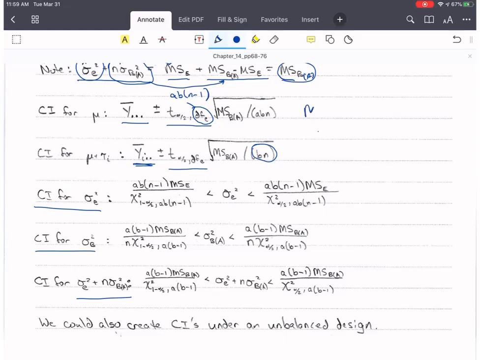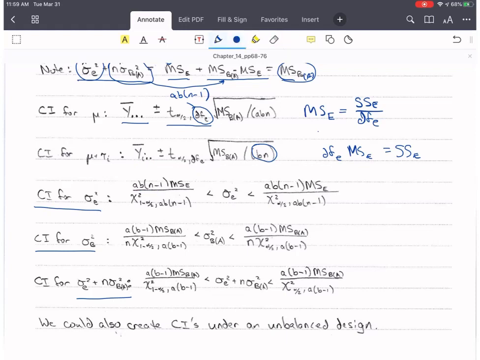So MSE is equal to SSE divided by the degrees of freedom of E. So this is the degrees of freedom of E. If I take that times MSE, it cancels out and I get SSE. So this whole numerator, let me clean that up a little bit.